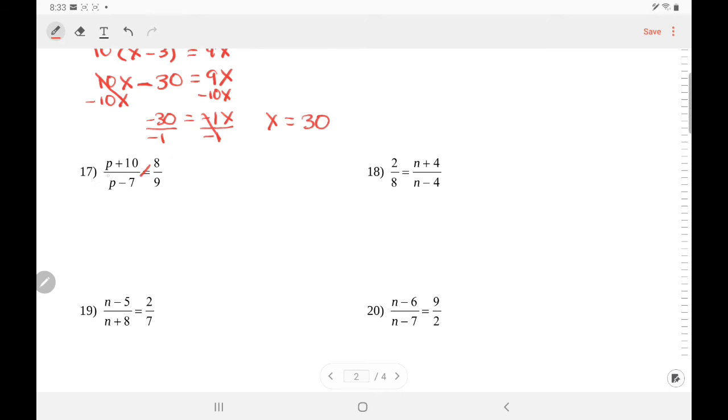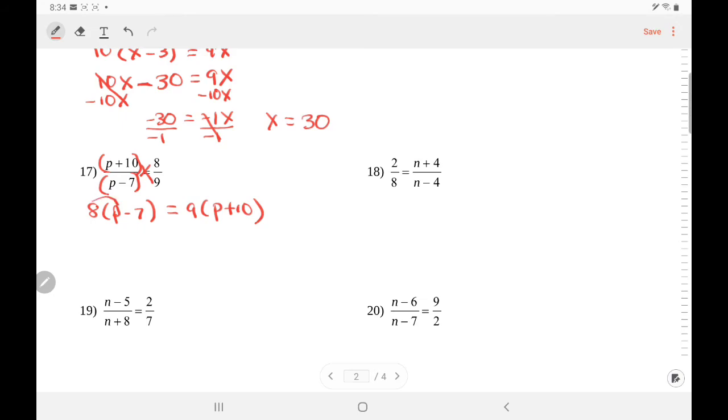Let's go this way. 8 times p minus 7 equals, go this way and parenthesis, 9 times p plus 10. This time we have to distribute both ways.